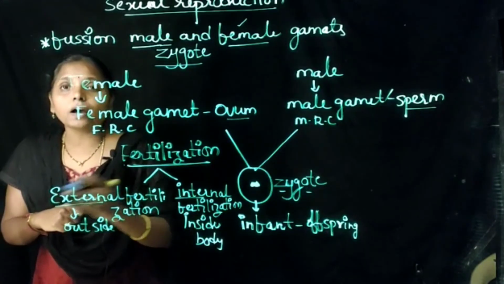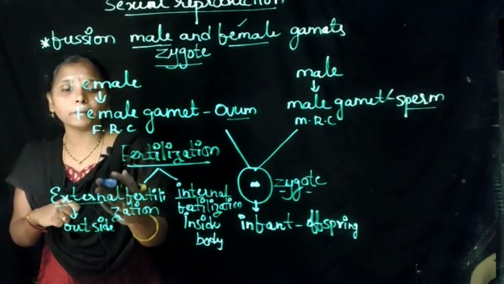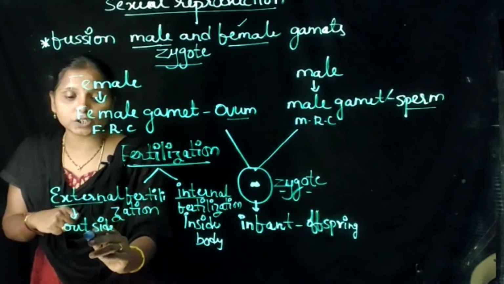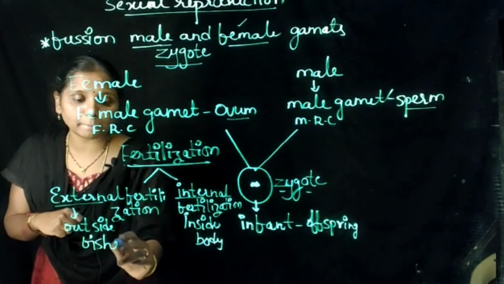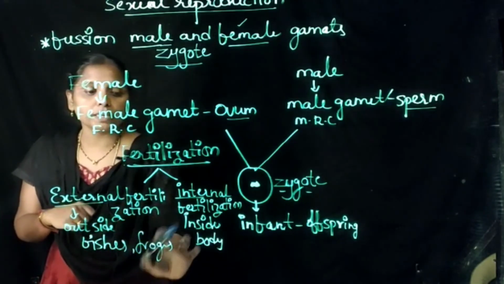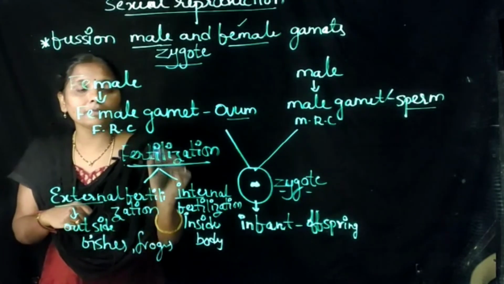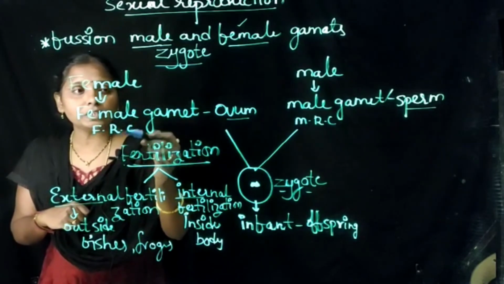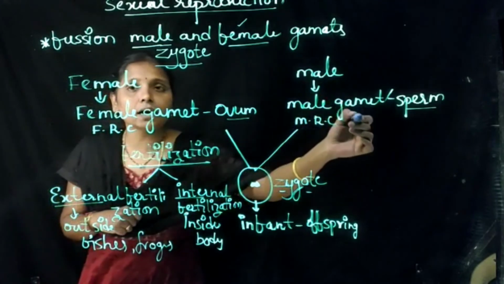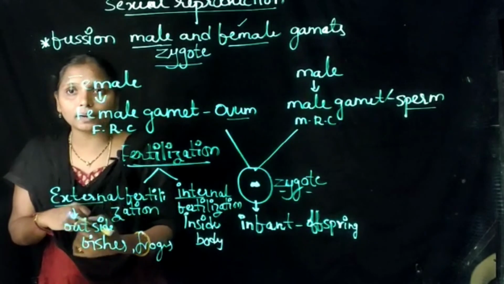Some organisms participate in the reproduction process through external fertilization. Especially we see this type of fertilization in fishes and frogs. These fishes and frogs release their gametes: the female fish releases the female gamete, the ovum, and the male fish releases the male gamete, the sperm, into the external environment.